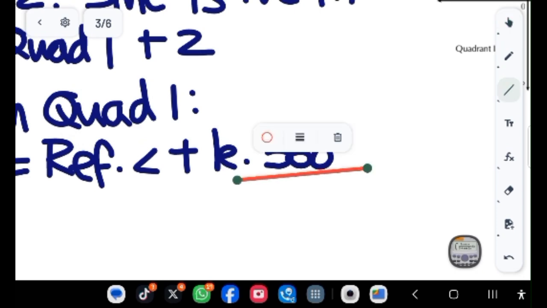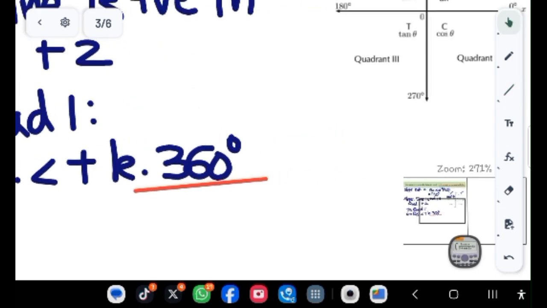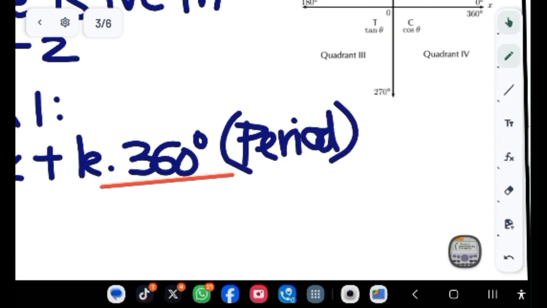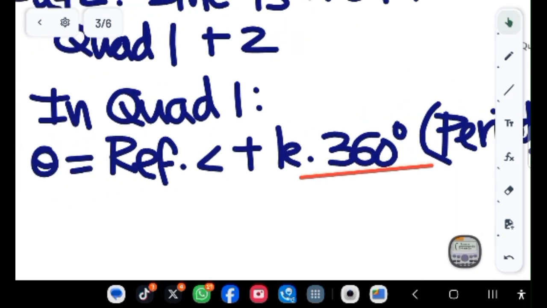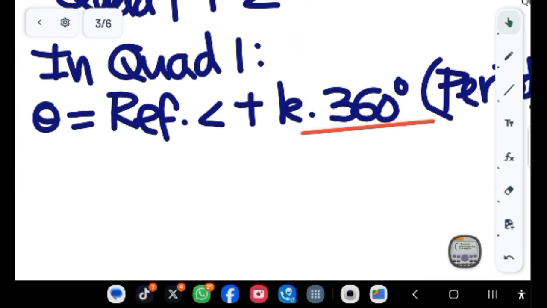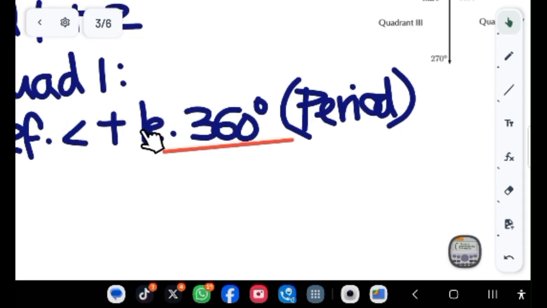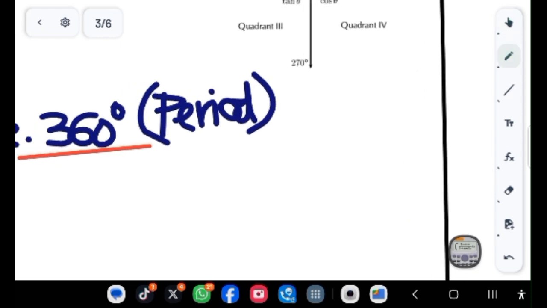Because that is the revolution, or that is the period of our sine graph. Because we're looking at the general solution, whatever number of revolutions you go are catered for in the k times, where k is an integer.